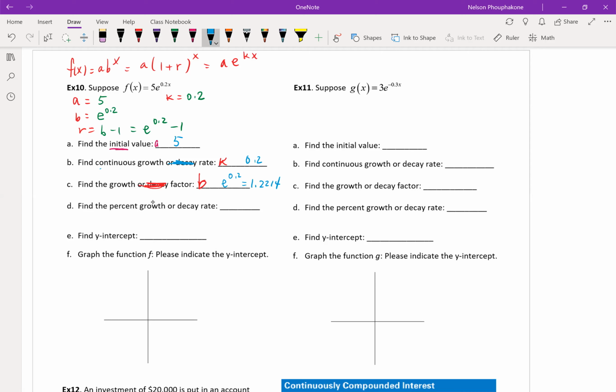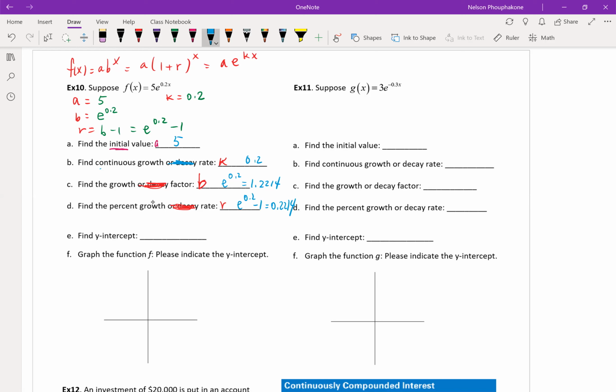And then, of course, the percent growth rate as well. This is related to the r value, and the r value is e to the 0.2 minus 1, which is equal to 0.2214.